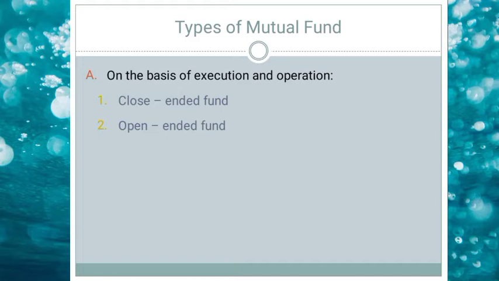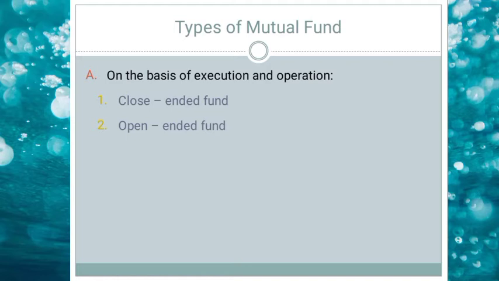An investor cannot invest after the fund closes, and there is a certain lock-in period applicable to such close-ended funds. It means once the investment is made, the investor cannot take back their investment for a specific period of time. Their investment gets locked for that time period. This type of fund is called a close-ended fund.